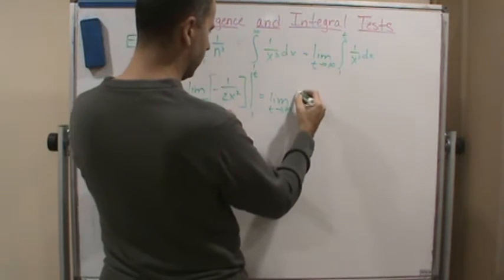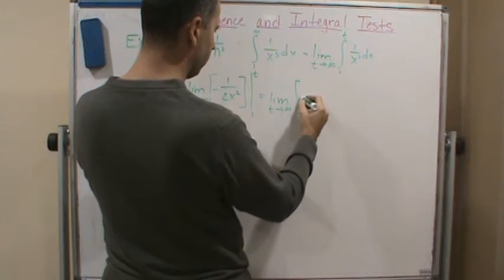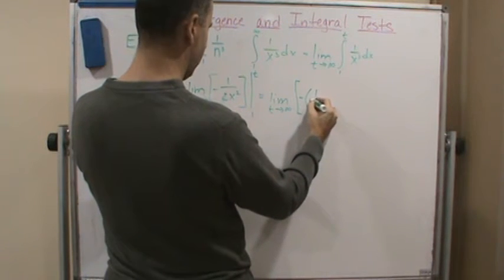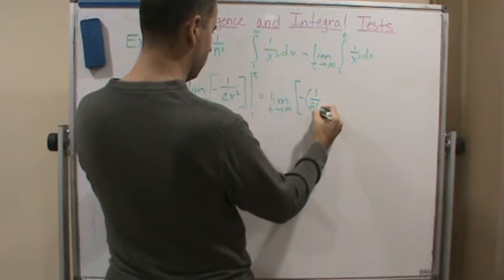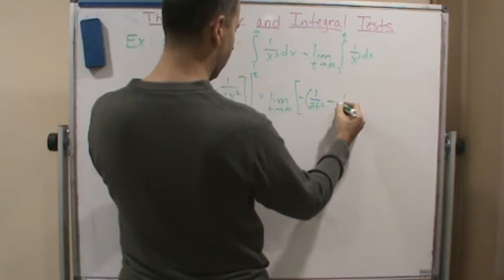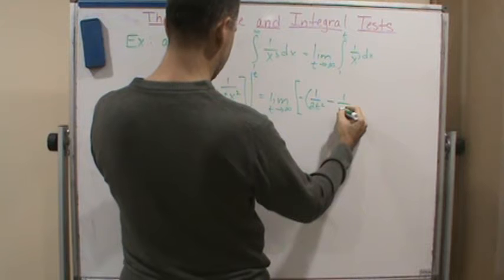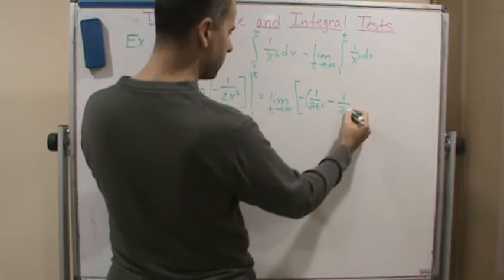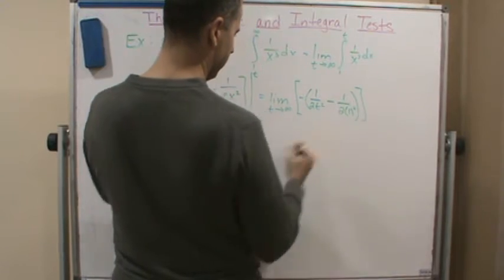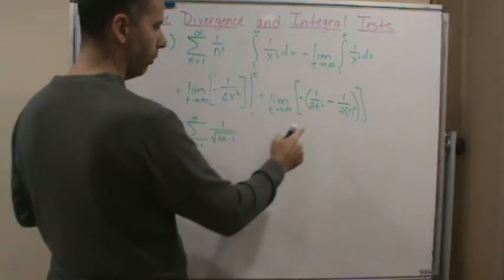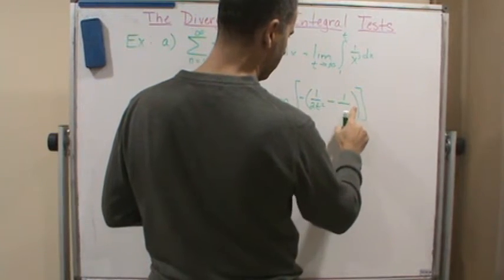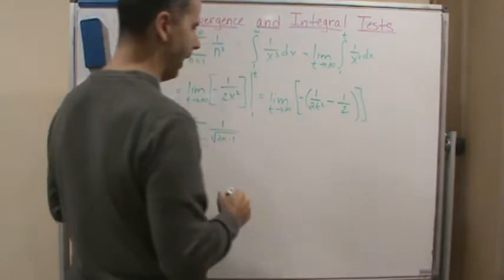Now this is going to become negative 1 over 2t squared minus 1 over 2 times 1 squared, right? Well, what does this become? This is just 1. So 1 times 2 is just 2. So this is going to become 1/2.